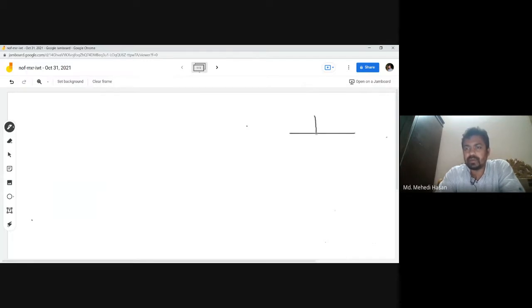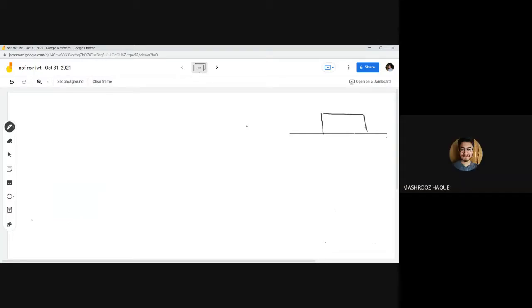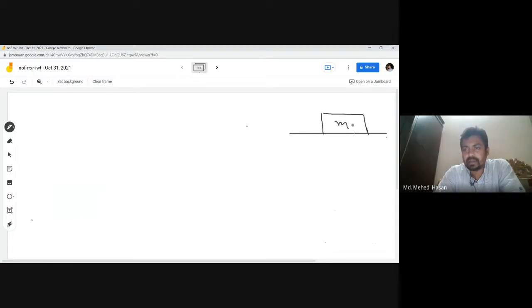First, a problem will be given, and it will definitely be given with a figure. Say there is an object m on a surface. Shall I discuss the problem that was given to you, the one from the exercise? Yes, sir. Okay, so there is a block with mass M1. Another block is here, mass M2, and all of the surfaces are frictional.